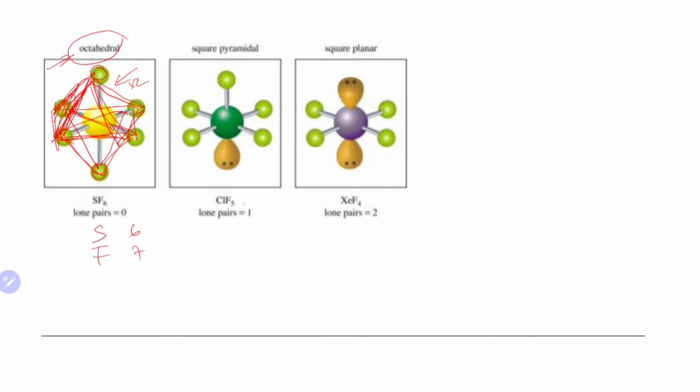For ClF5 you can try. For xenon tetrafluoride, xenon actually is a noble gas, and joins with F, noble gas with 8 valence electrons, joins with 4 F, F is 7.